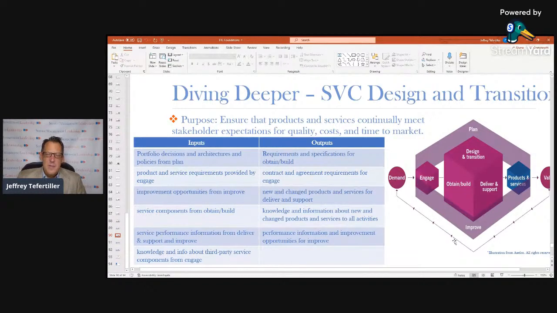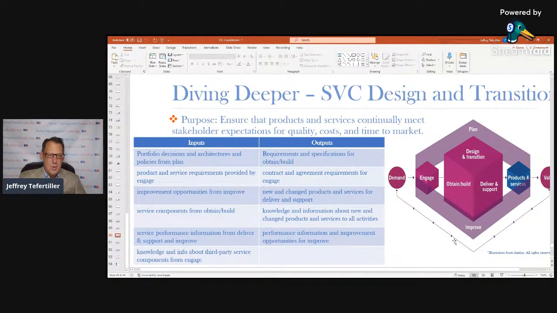Everything we design, everything we transition into a live environment, we have to make sure that the stakeholders are okay with quality, cost, and time to market. So if we look at the third one down, it's improve. So we input these improvement opportunities.